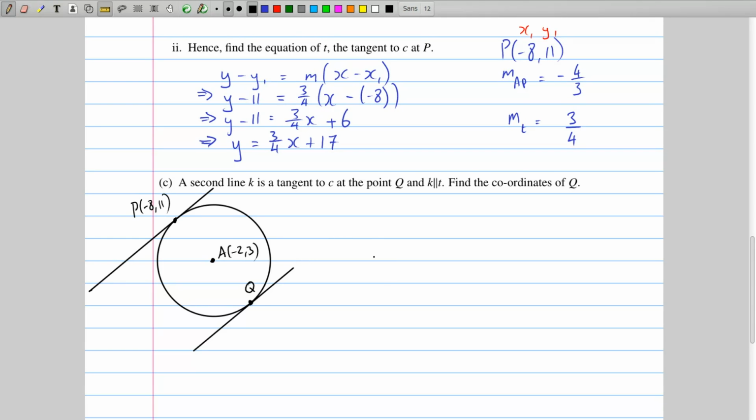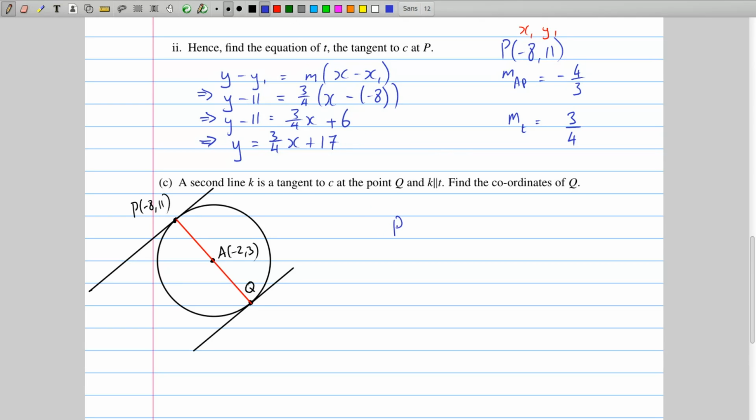So what we know about parallel lines is that they have the same slope. We can go into this whole thing about trying to find the equation of the line K and try and work out some points on that fit onto the circle, but there's a much quicker way where you just need to say, because these three are all on the same line, and because the distance from P to A is the same as the distance from A to Q, because they're both radii, you can actually just use a little trick from transformations.